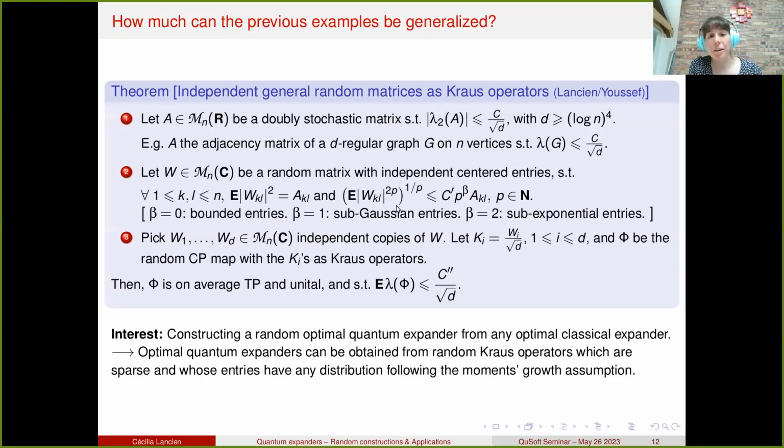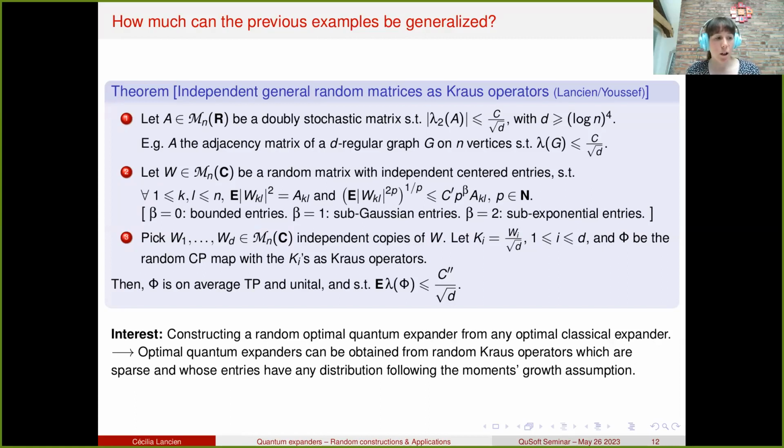We did this for simplicity, to deal with this very general setting. But one thing I'm looking at the moment is to take unitary Kraus operators with some assumption on their moments, and again, things work. The independence of the entries is not so crucial. It was just a commodity for us.